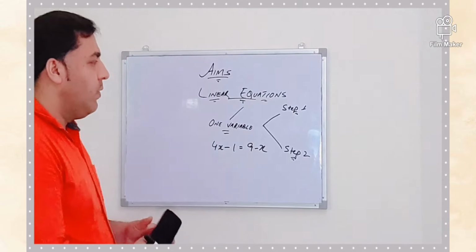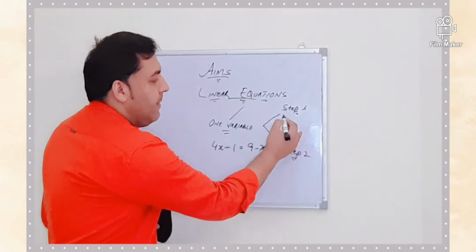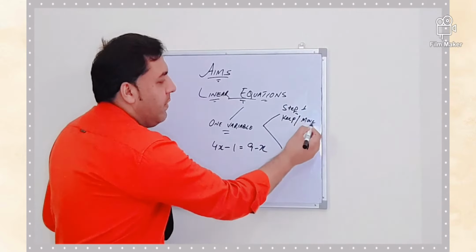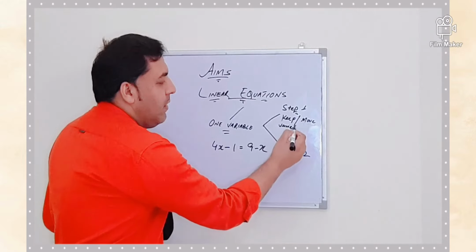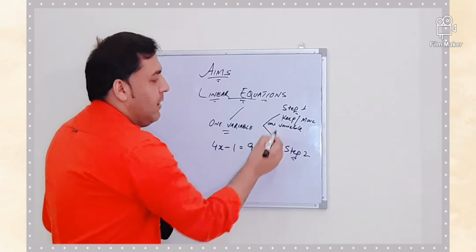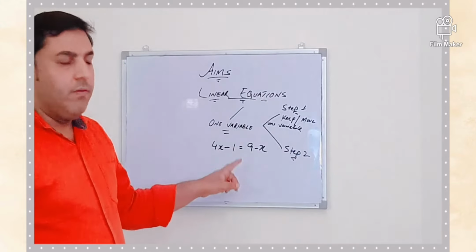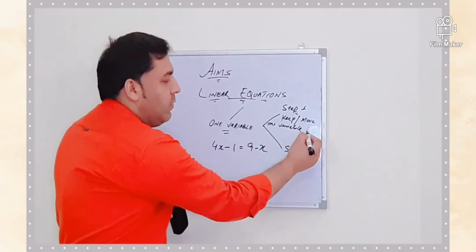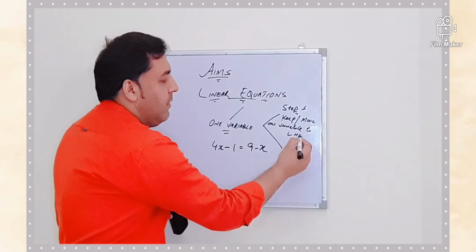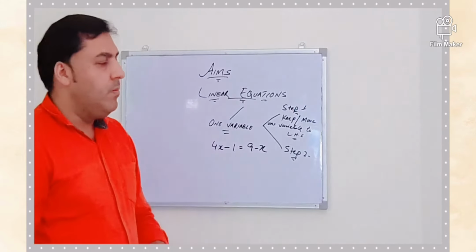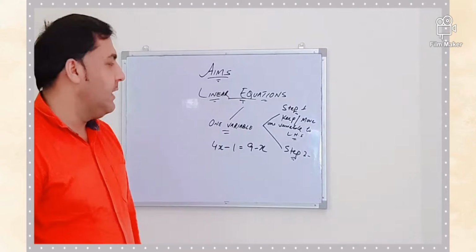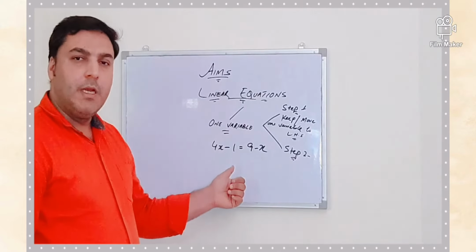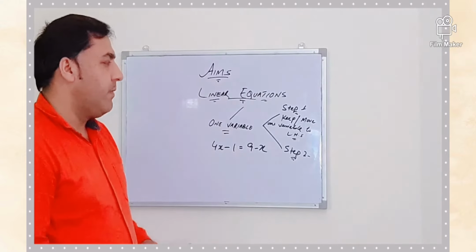So the first step is to keep or move the variable, the only variable, because the equation has only one variable, to the left hand side. And how we will move it, we know from our previous lecture: simple addition, subtraction, multiplication or division.